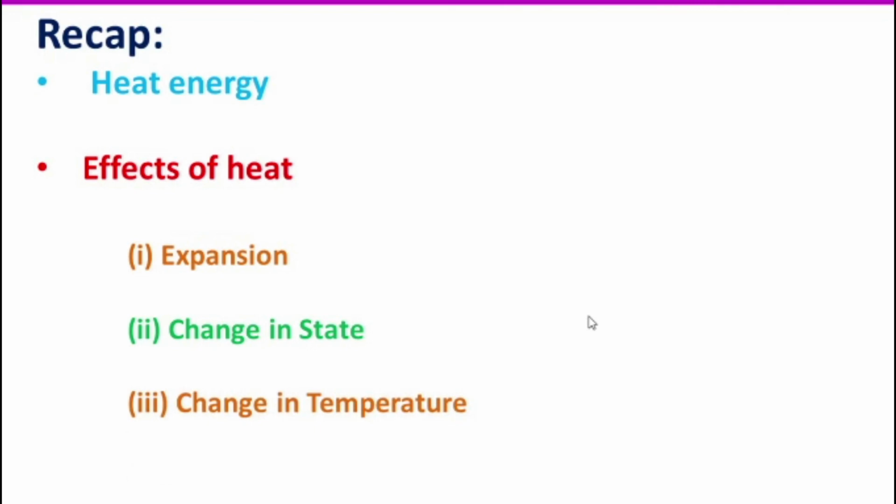The kinetic energy of the particles increases and the particles vibrate faster when we give heat. So this causes a rise in temperature. Then the last one, chemical changes. Heat is a form of energy. So chemical reactions take place when we give heat to particular substances.